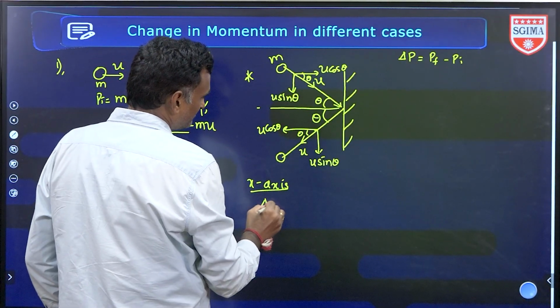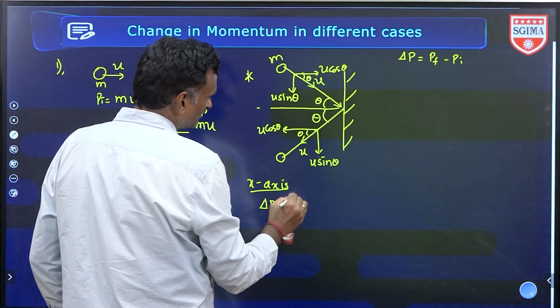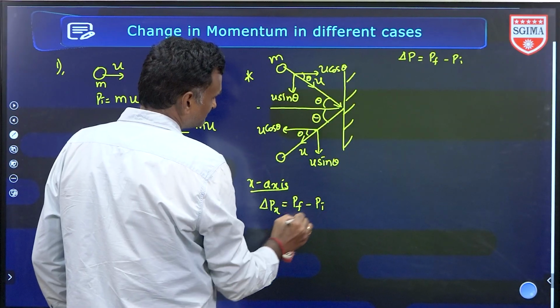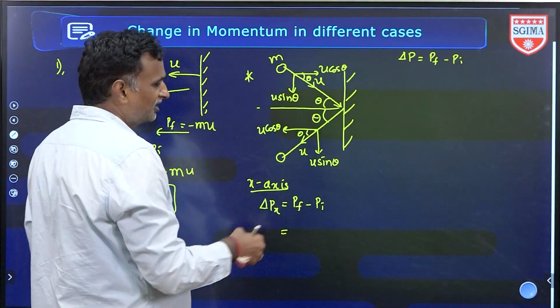Delta p x is p final minus p initial, so m into velocity.